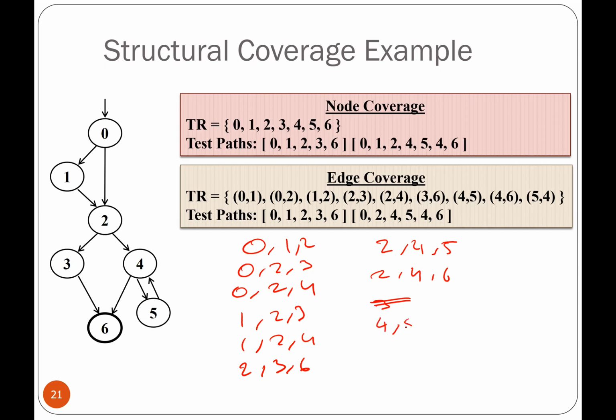Okay, I got 4, 5, 4. 5, 4, 6, and 5, 4, 5. There's no such thing as 4, 5, 6. Yeah, 5, 4, 6 and 5, 4, 5. Okay, so we've exhausted the 4s.